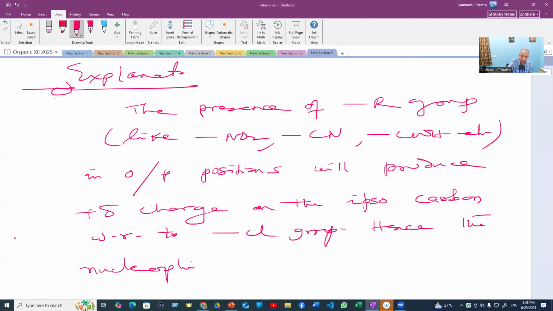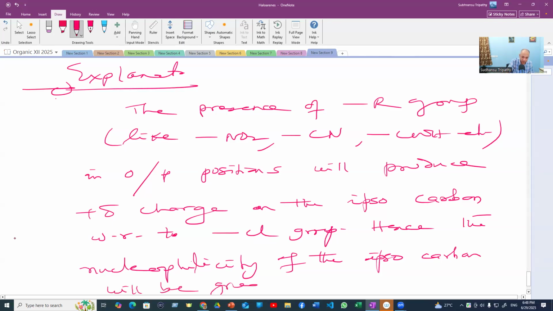So hence the reactivity of the ipso carbon to which the nucleophile will attack will be greatly enhanced. That is the answer you will give.